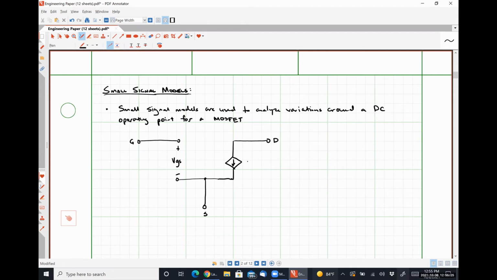And what we get out of this system is gm, our transconductance, multiplied by vgs. So effectively, the current that flows from the drain to the source is simply the transconductance, which is all about converting that input voltage into a current, multiplied by the voltage that causes the current to be created.